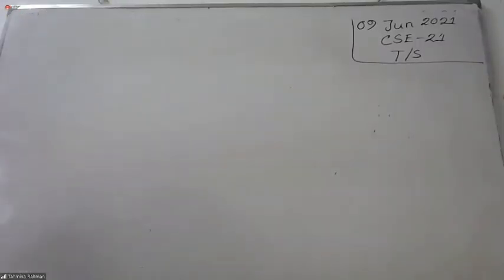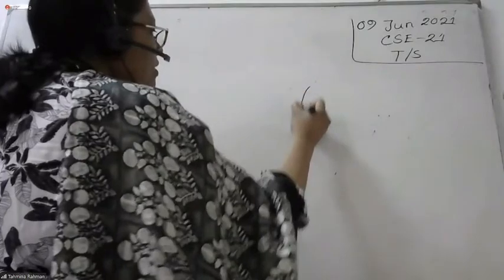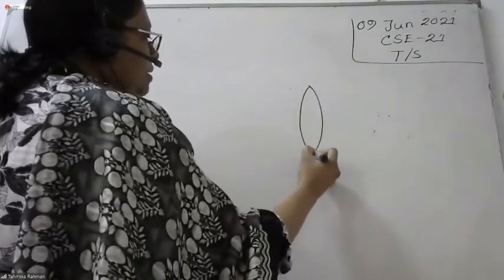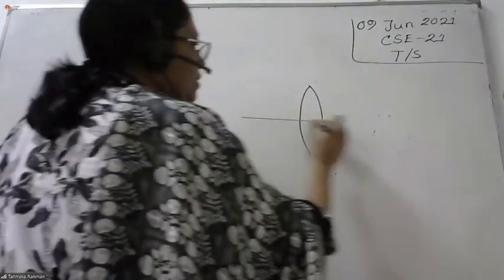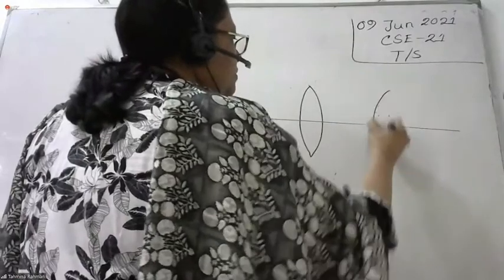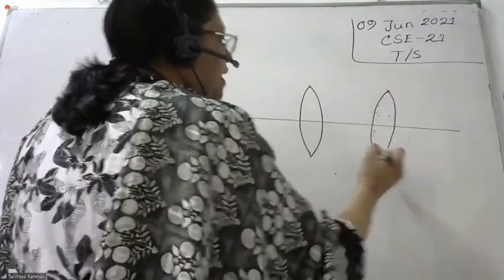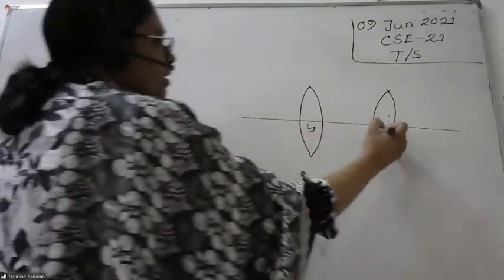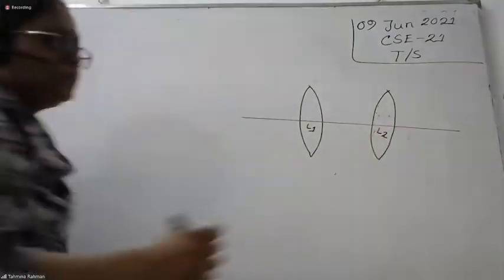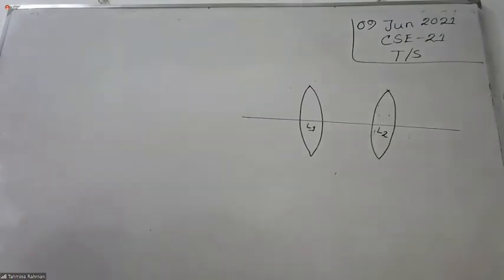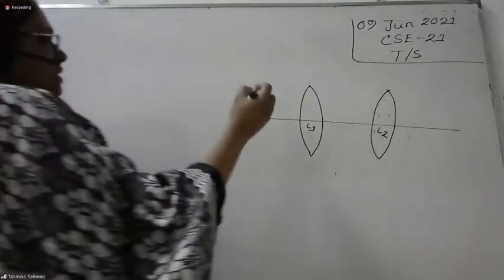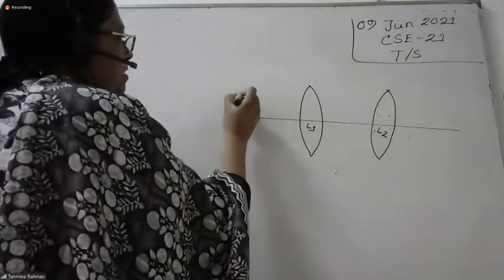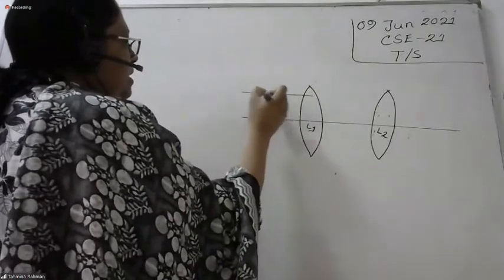Okay, so here at first we need two lenses, L1 and L2. This is lens L1, another lens L2. At first the incident ray is parallel, so this ray is CA.